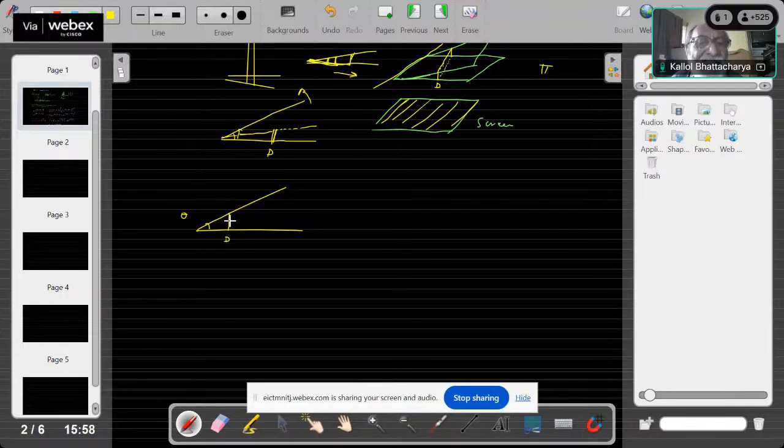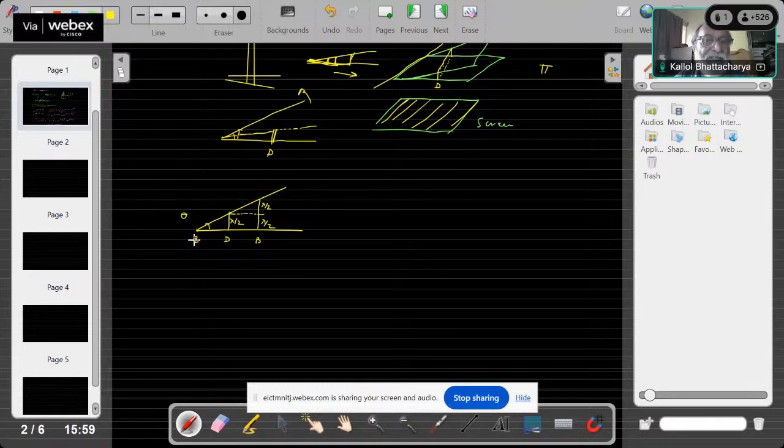Now pi means lambda by 2. Let's say here the separation was 0, so this is a bright fringe. When it is lambda by 2, it's a dark fringe. When this separation is lambda, you get a bright fringe again. So if this is lambda by 2, then this part is lambda by 2, this part is lambda by 2.